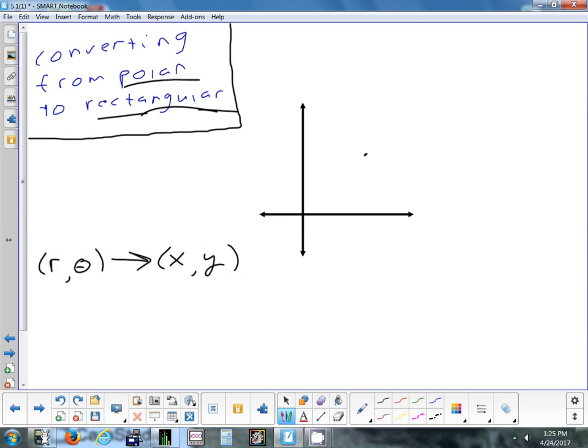Okay, so let's sketch it out and see what happens. Let's pretend that that's a point in polar. How would I draw my radius in that picture? From what to what? Josh? From that point to the origin. Yeah, that's my radius.